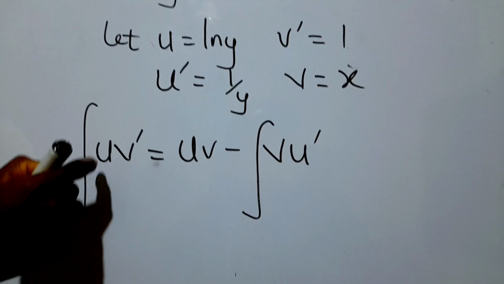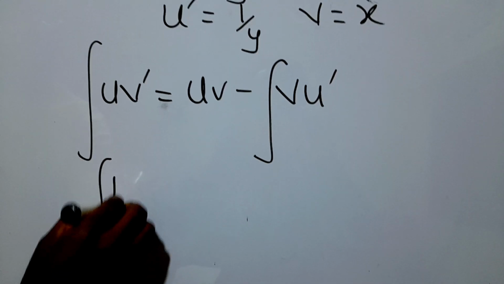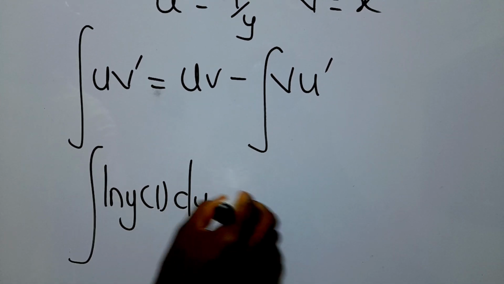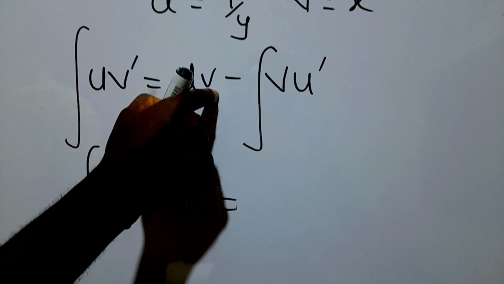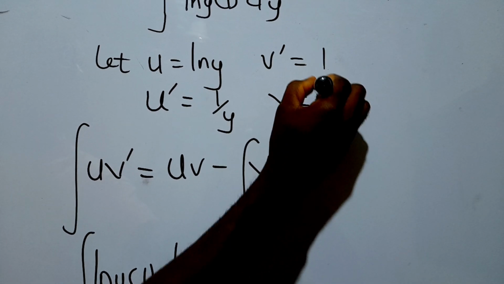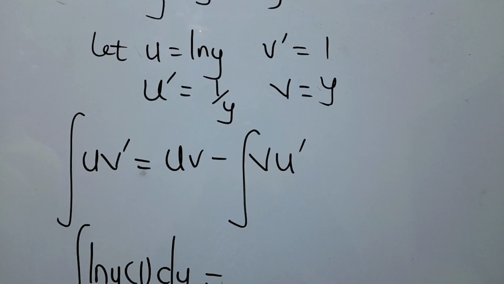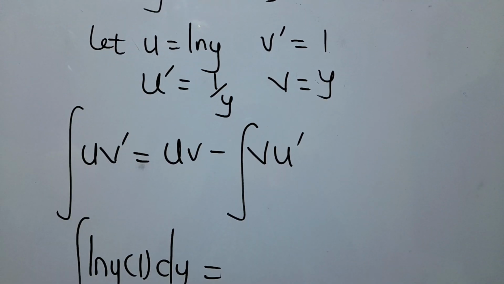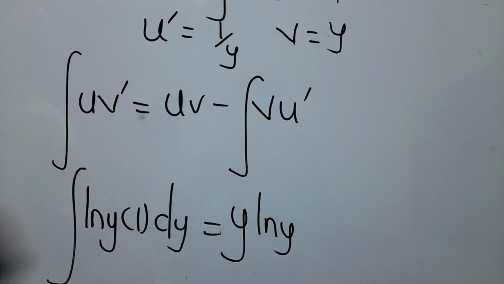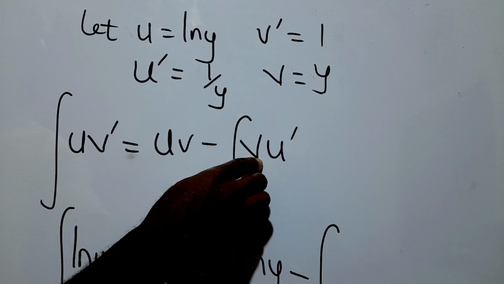So the integral of ln y times 1 dy will be equal to uv, that is y ln y, minus the integral of v u prime.